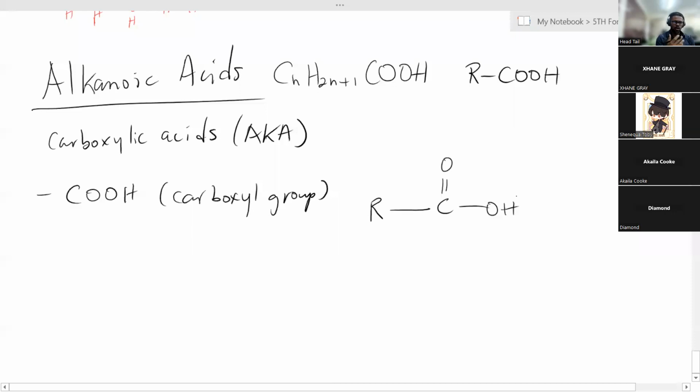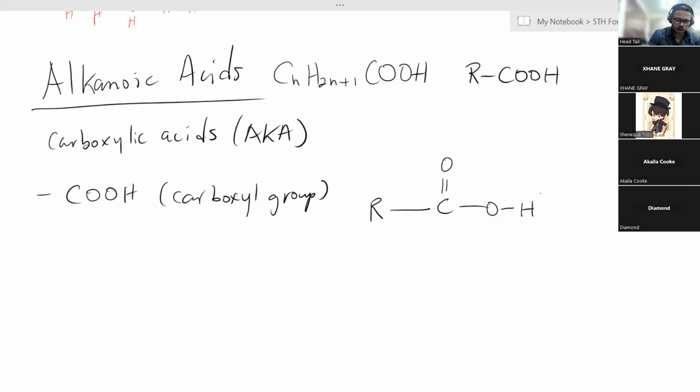That is the structural formula of the carboxyl group. Of course, we just put OH, but that means there's a bond between oxygen and hydrogen. Sometimes we just put OH because it's already understood that they are bonded singly to each other.